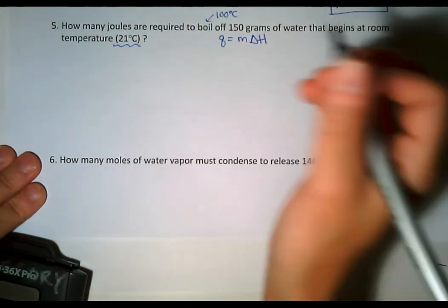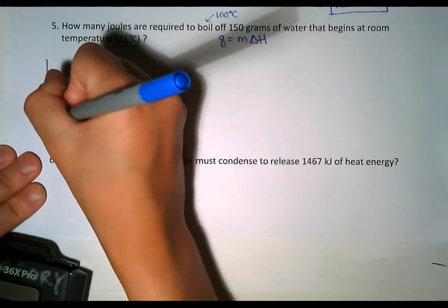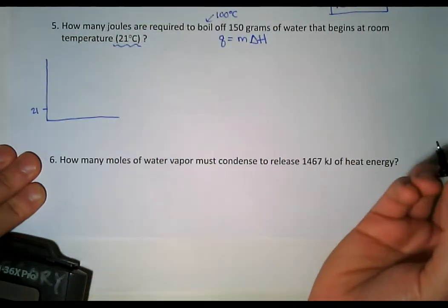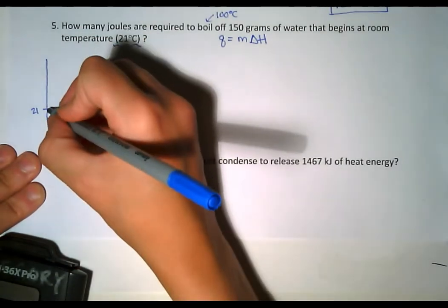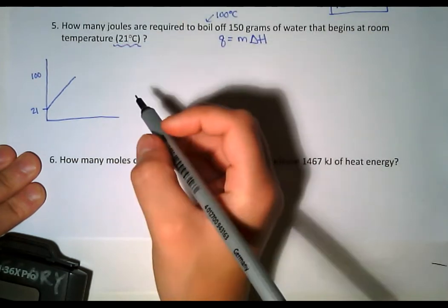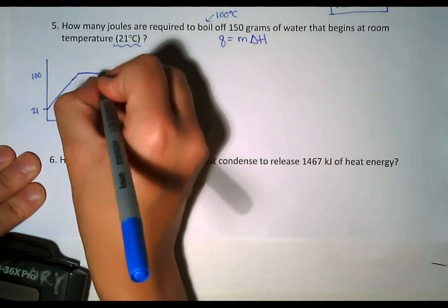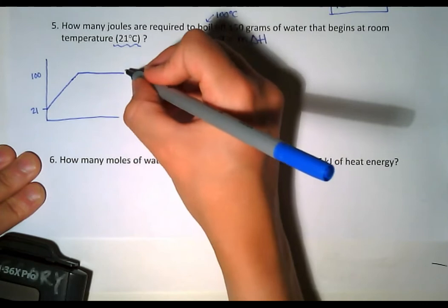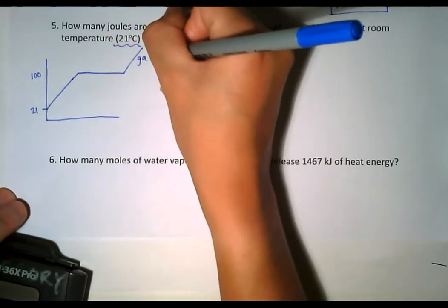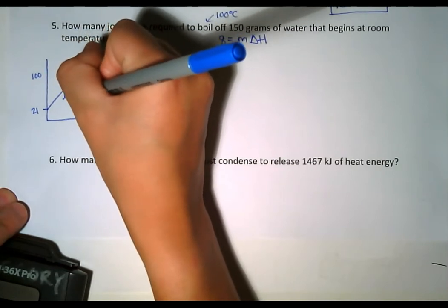So if we look at a graph of what's happening here, we have some water. It starts out at 21 degrees Celsius, and then somehow it needs to increase its temperature up to 100 degrees Celsius before it can start to boil off and change into the gaseous phase. And so then up here we would finally have a gas, and down here we have a liquid.